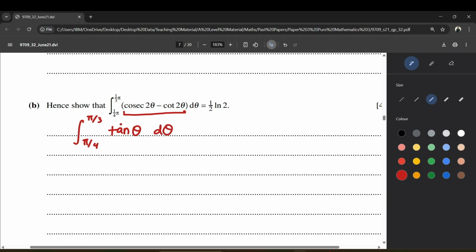So we have to integrate tan theta with respect to theta. Now, before you can integrate this, you need to express this in a form that is possible to integrate, because we do not have a standard result for integrating tan theta. So what we're going to do is, we know that tan theta is sine theta over cos theta.